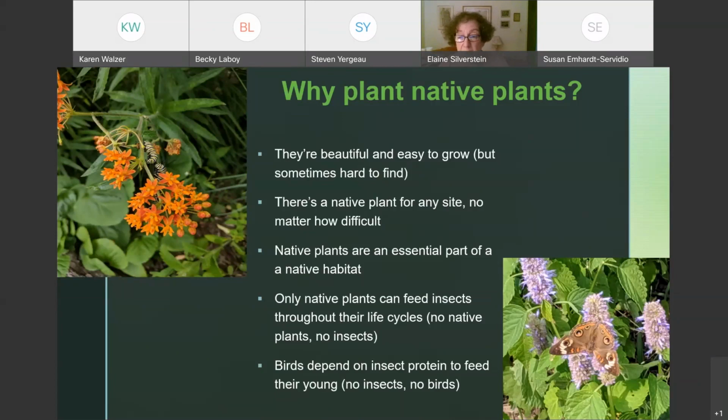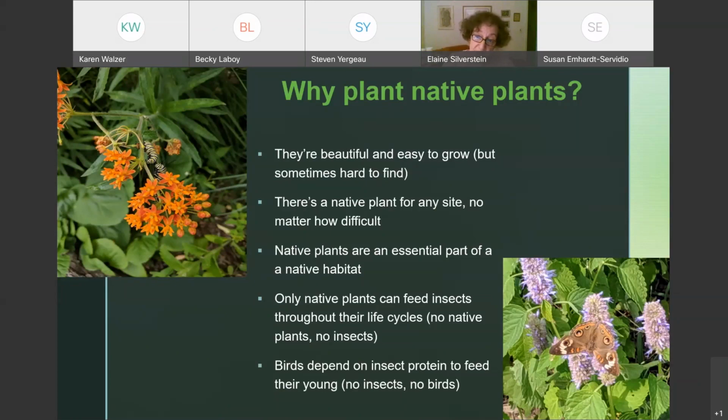I mentioned the spring azure, and they can only eat the flowering parts, not even the leaves, of two different groups of native shrubs. So everything is that specific in the larval stage, the caterpillar stage. Very often, the adult butterflies that we see are generalists.